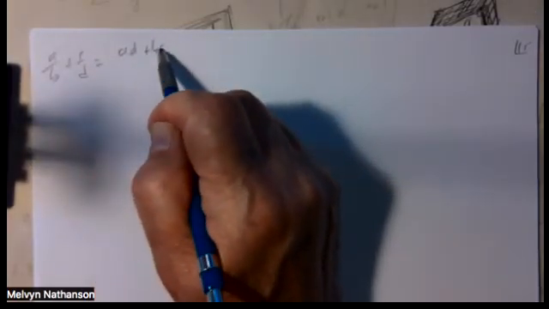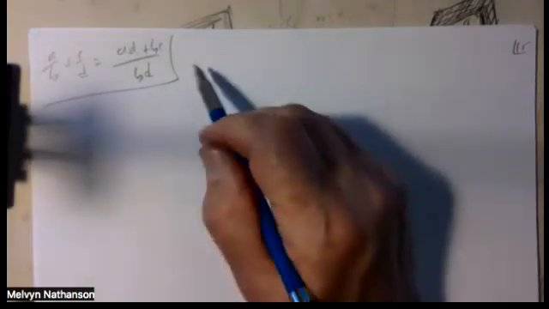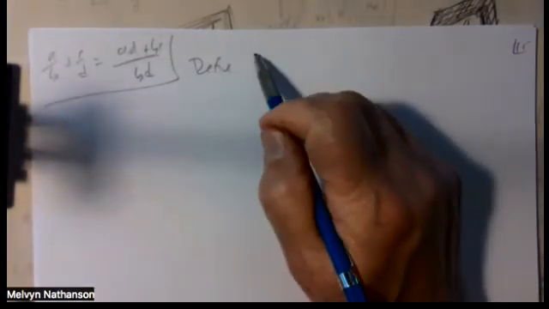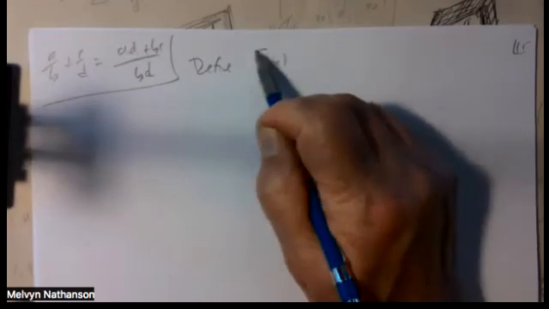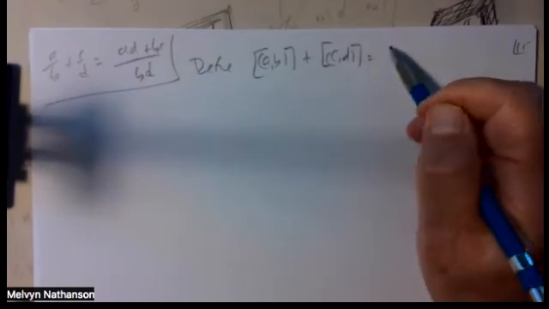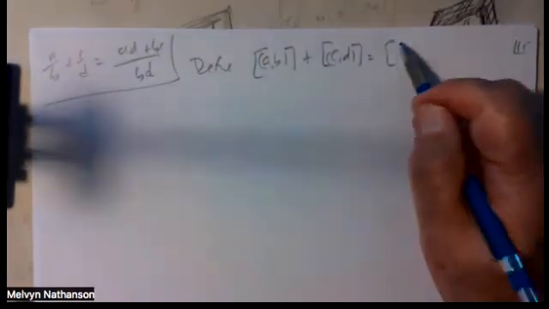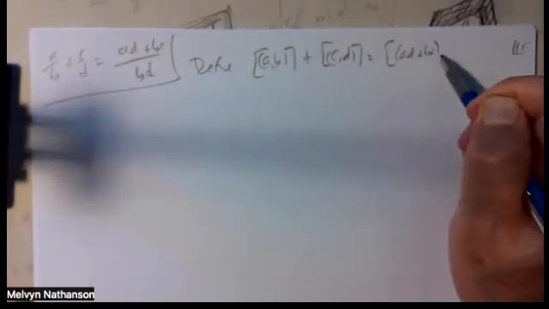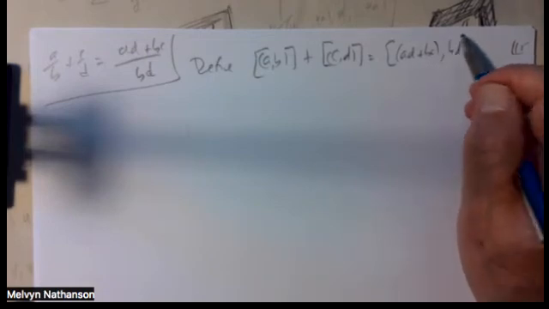And what about addition of equivalence classes? Again, we copy what we learned in elementary school. In elementary school, you learn that A over B plus C over D is (AD plus BC) over BD. So this is what we have as our model. And we would like to define the equivalence class of (A, B) plus the equivalence class of (C, D) to be the equivalence class of (AD plus BC, BD).